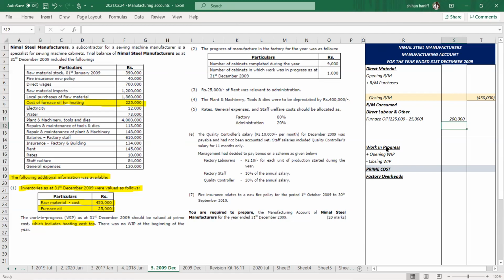Then we take only 200,000 as the expense. It's a direct other cost. Closing stock will be deducted because it's like a prepayment. The 25,000 will be taken to next year. So that's the closing stock.